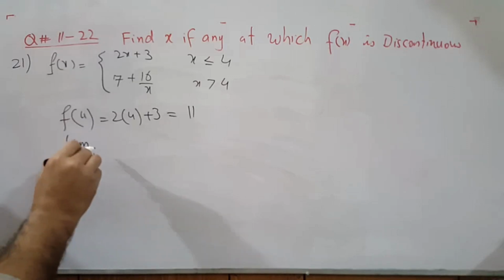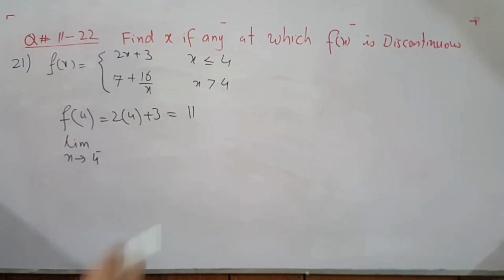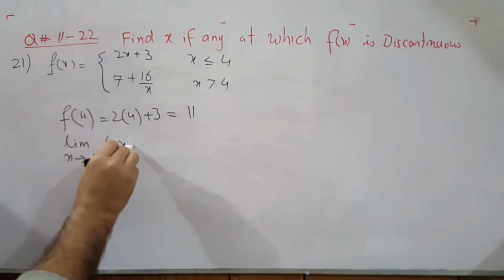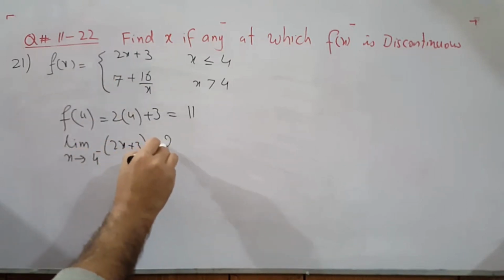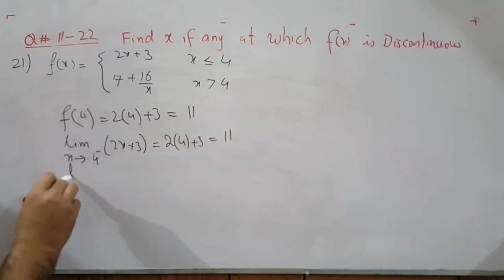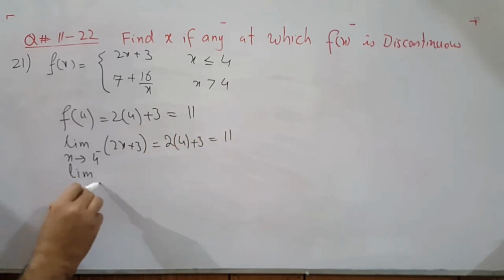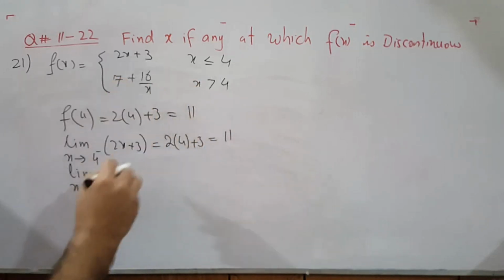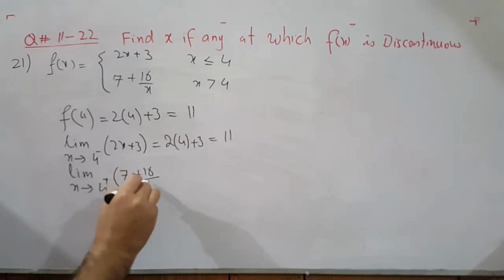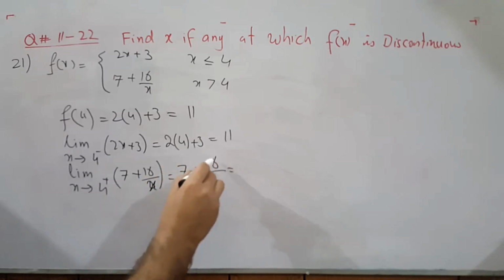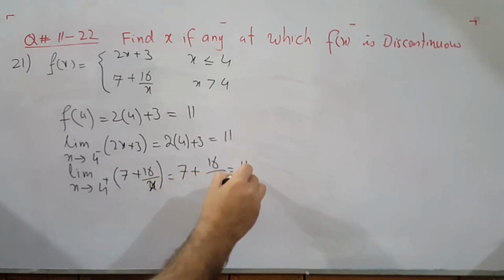When you approach 4 from the negative side, from the left side, this is the function 2x plus 3, and if you put the values, this gives us 11. Now we have to find the limit from the right-hand side. The right-hand side is this one, so we put the values of x. Now apply the limit, 16 over 4, and that gives you 4 plus 7, which is again 11.